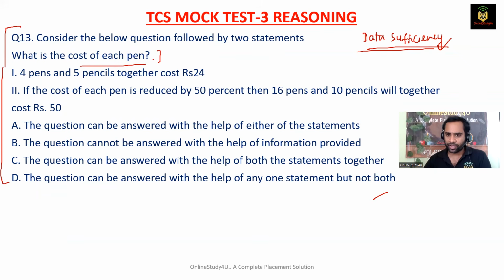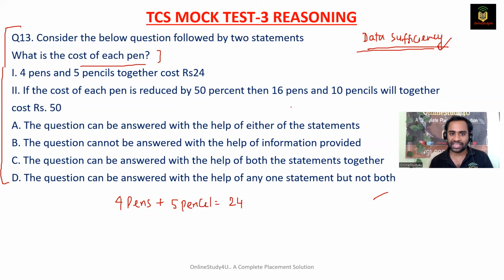one thing which is good is that you do not have to find out the answer. Like you see this question, 4 pens and 5 pencils together cost 24 rupees.